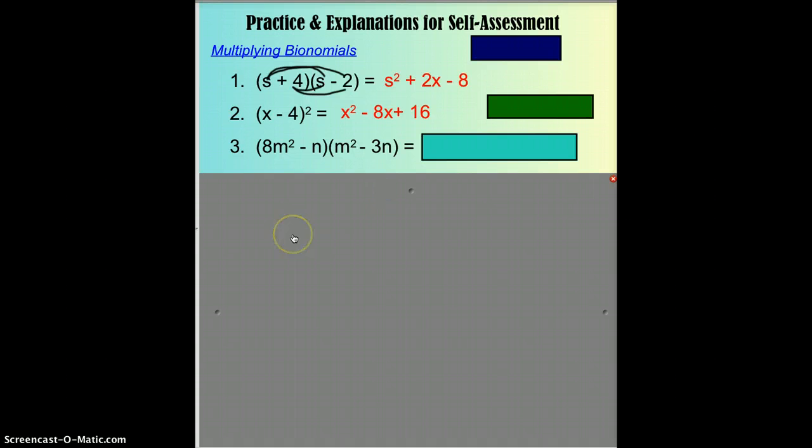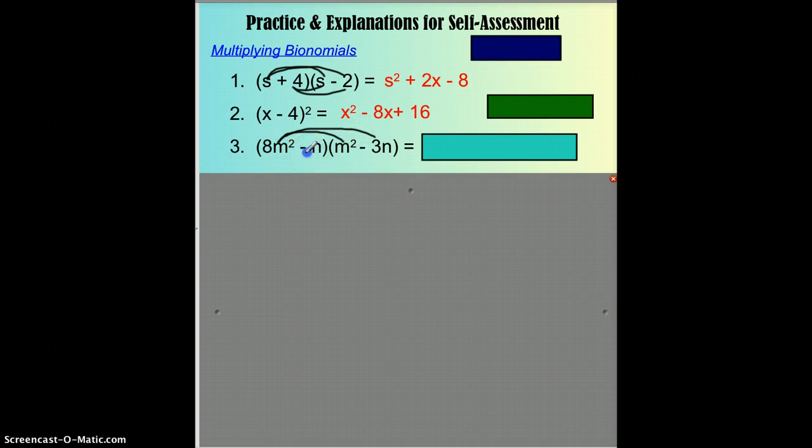And finally, number 3, you have the quantity of 8m squared minus n times the quantity of m squared minus 3n. Pause the video here. 8m squared times m squared is 8m to the 4th. 8m squared times negative 3n is negative 24m squared n.